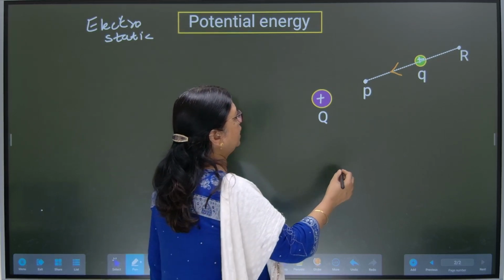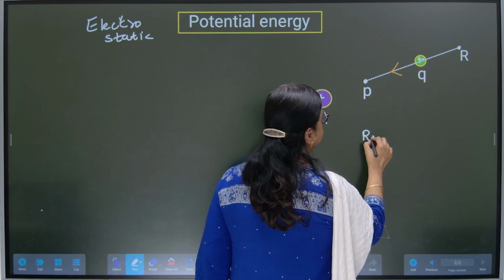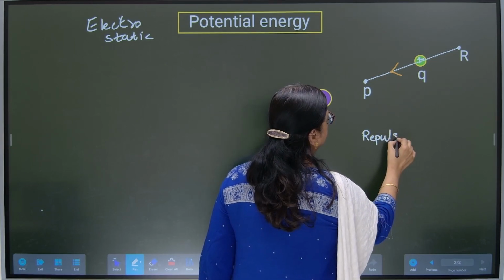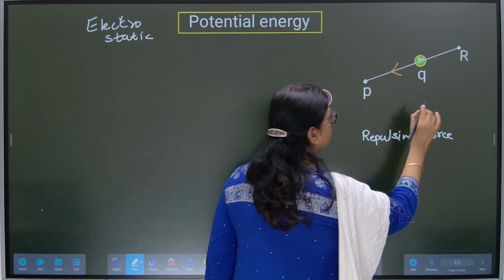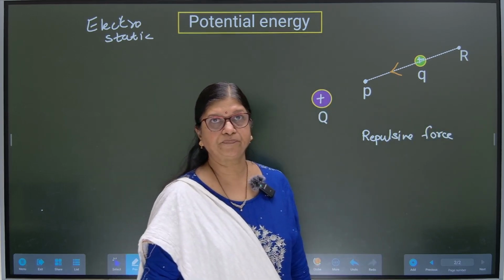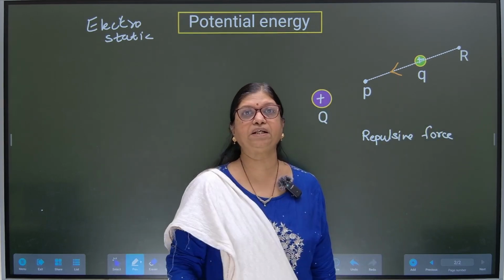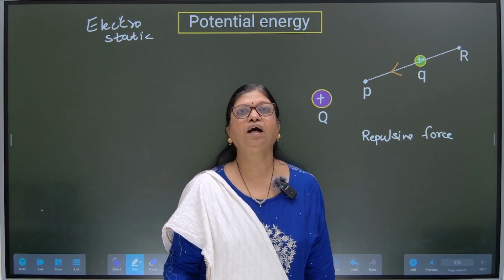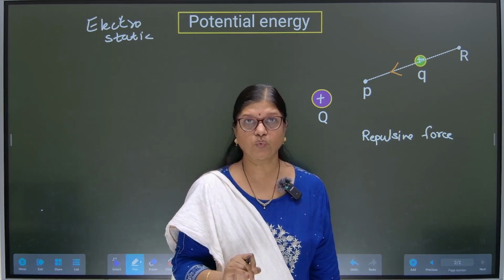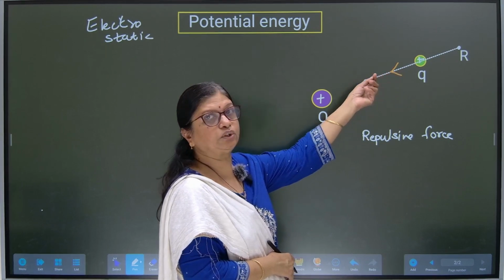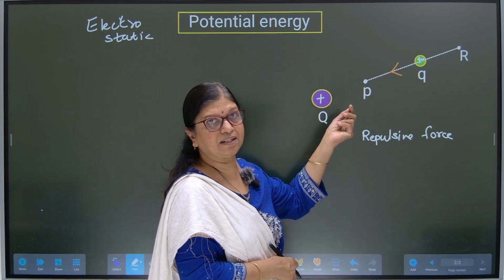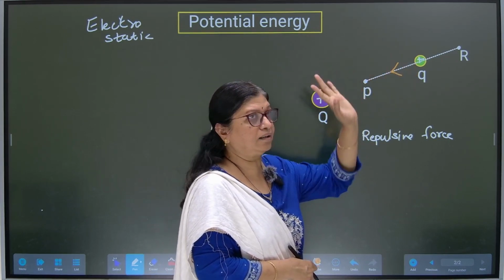So, there will be a repulsive force between these two charges. And against the repulsive force, I have to bring the charge plus q towards P from R.